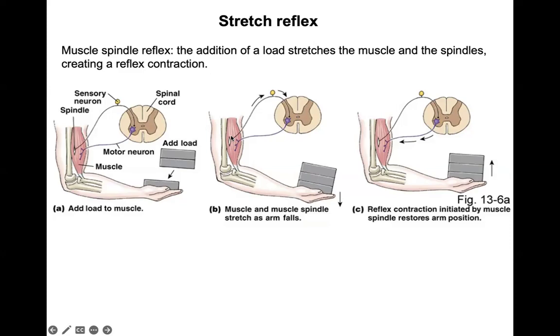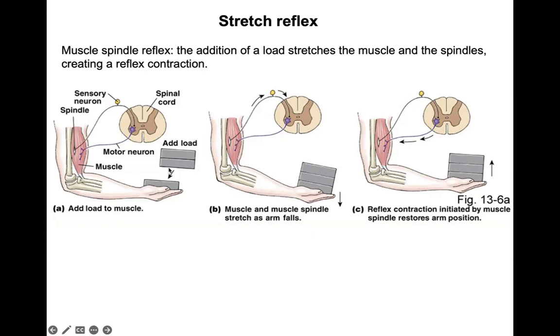The muscle spindle detects the change of the length of the muscle, so whenever the muscle stretches, the muscle spindle will be activated, okay? Then it will send the signal through the sensory neuron to the spinal cord, and in the spinal cord, it's going to activate the motor neurons that come back to the same muscle to make it contract. As a result, your muscle contracts, so now you can hold that load because this muscle is now contracted.